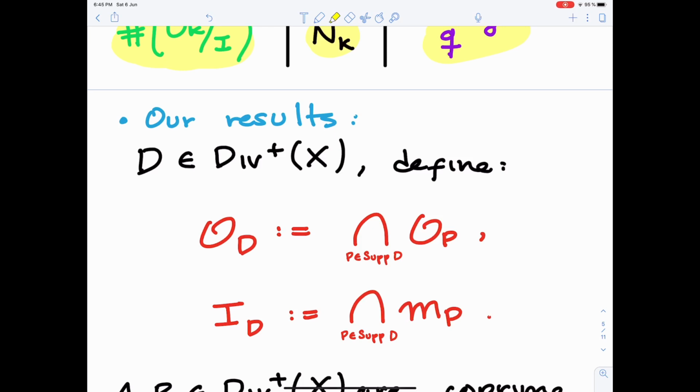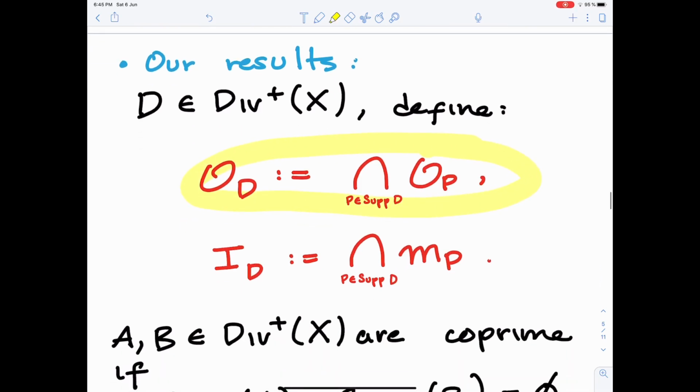Pick an effective divisor D and define O_D to be the ring given by the intersection of the stalks over all primes in the support of D. So this is O_D, and I_D is going to be the intersection of all the maximal ideals. It's not very hard to see that I_D is an ideal in O_D.